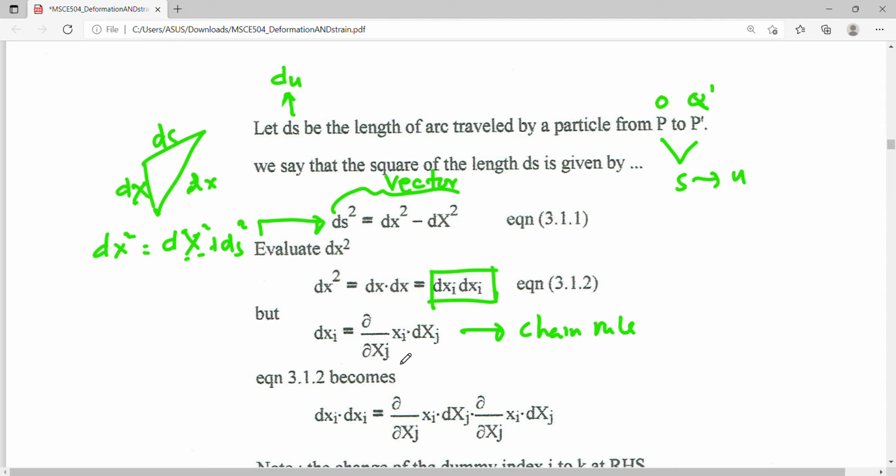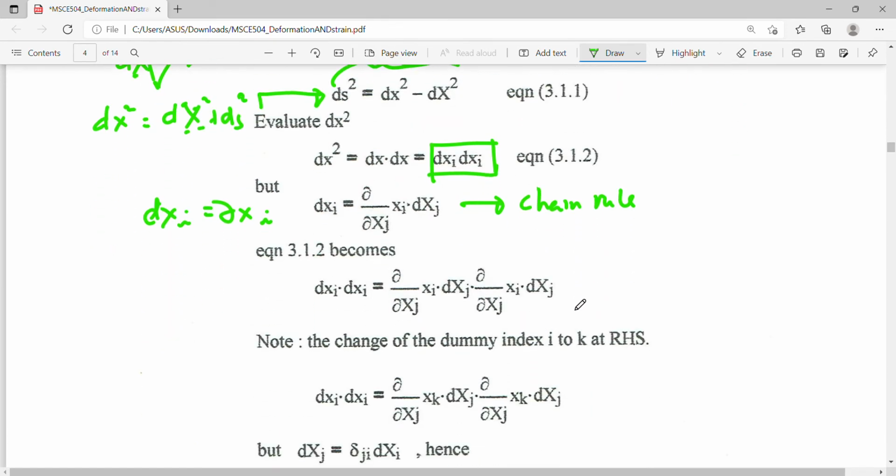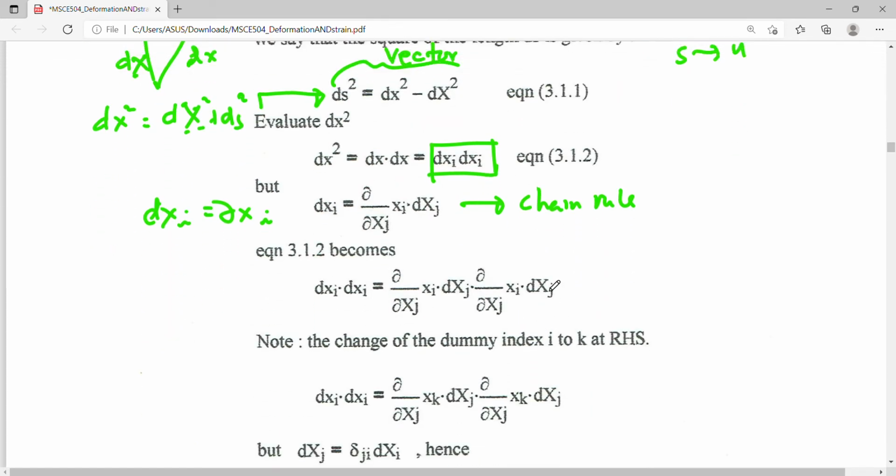simplified in terms of contraction, so you will lead to an equation in the form of dxi is simply the partial derivative of dxi. Okay. So equation 3.1.2 may now become this, as we use the dxi term by substituting, of course, this value here obtained from the chain rule.